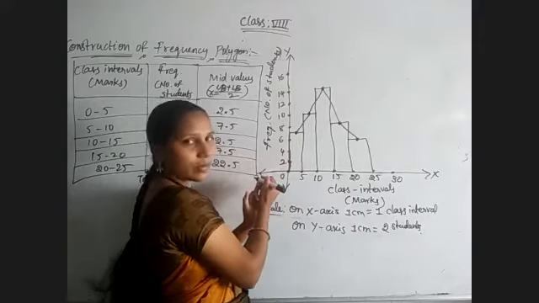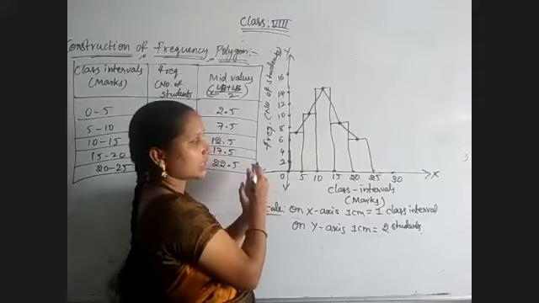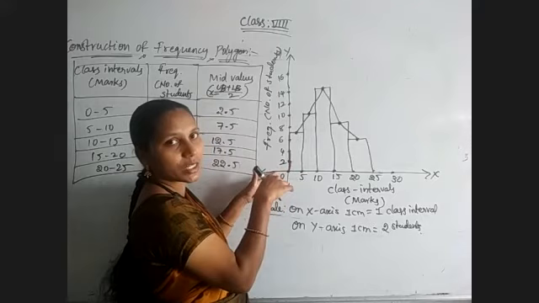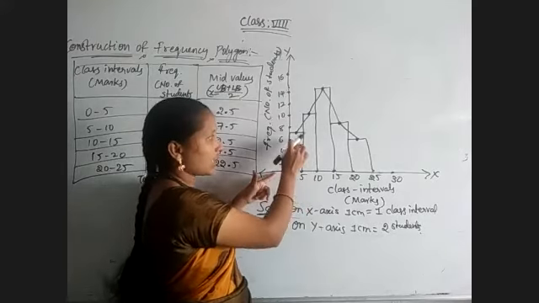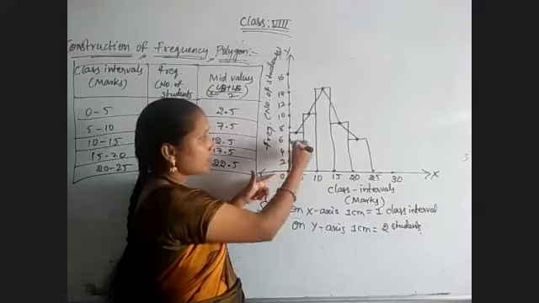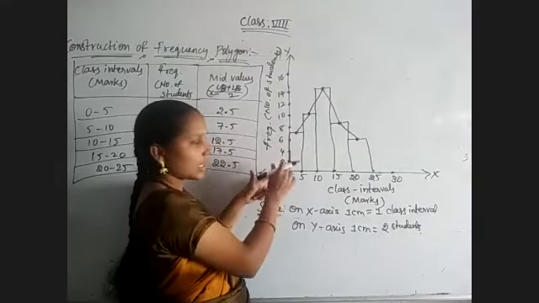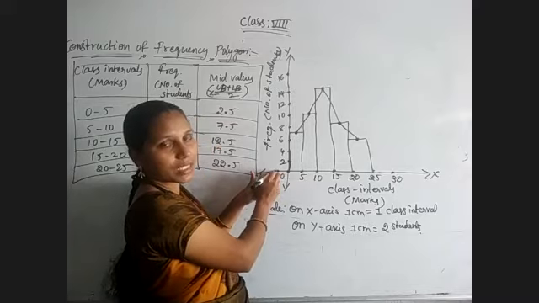To complete it, the preceding class interval midpoint also we must take on the x-axis, taking the frequency 0. From the first class interval onwards we are getting the frequencies, but while constructing the polygon, before the first class we need to take the midpoint of the preceding class with frequency 0.